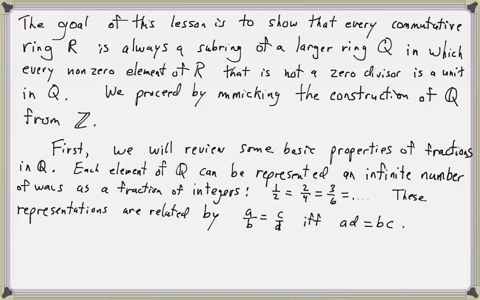So it's this equation, AD equals BC, that we can use instead of using the fraction form when dealing with arbitrary rings.